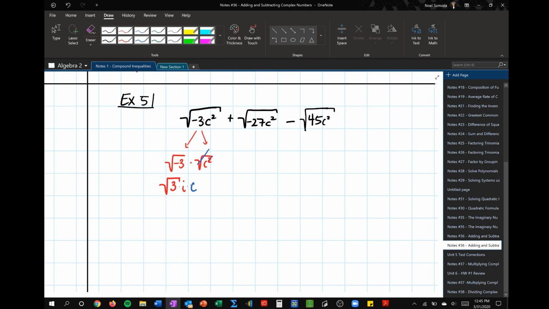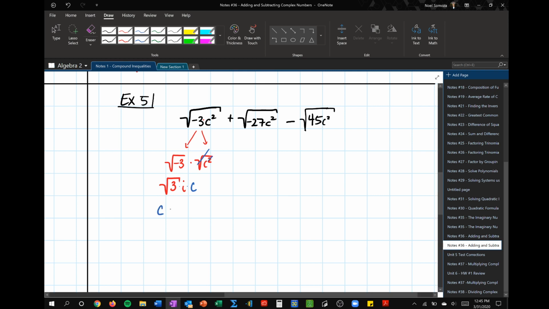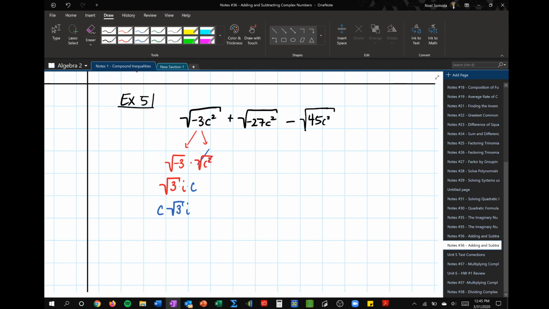If I have a letter like c, I bring it to the front, to keep the i separate from anything else that's not imaginary. So c comes in the front, then square root of 3, and then my i at the end. That looks a little bit better now. I'm going to keep this convention: any variable that's not i, we bring to the front, then the square root, and then the i. Typically the square root is the division between your i and whatever else comes out of the problem. So we're done there.